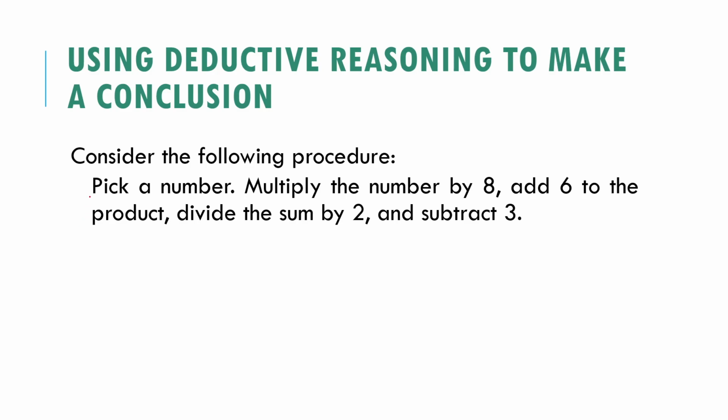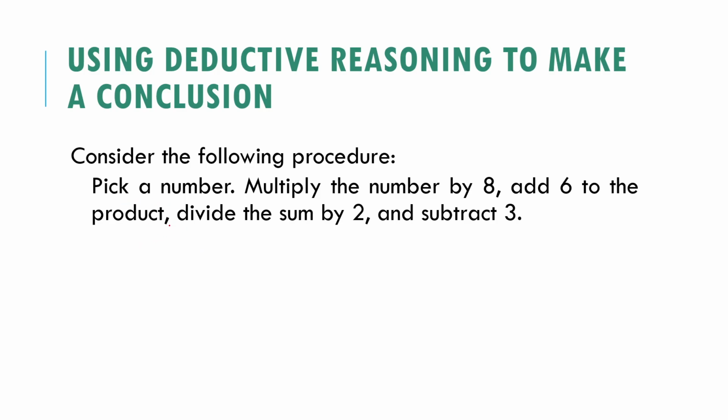Our examples were specific numbers, right? We chose 1, we chose 2, we chose 3. But here in deductive reasoning, we need to have a general example. And how can we have a general number? If we have a variable that represents that number.